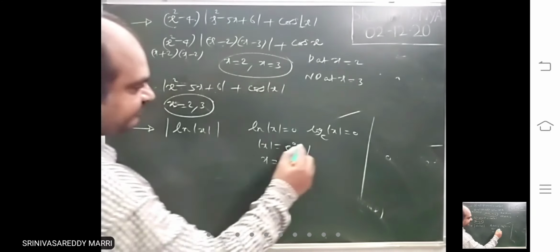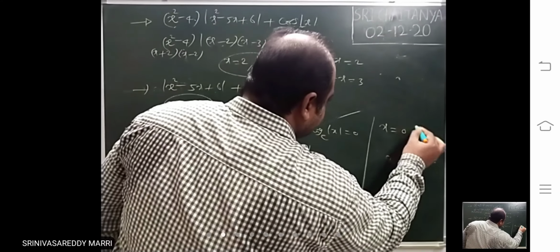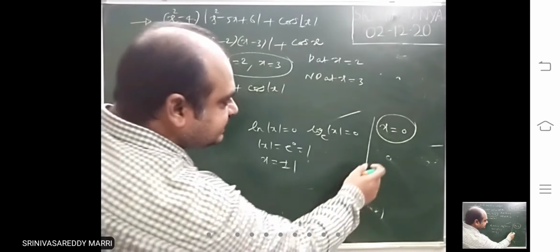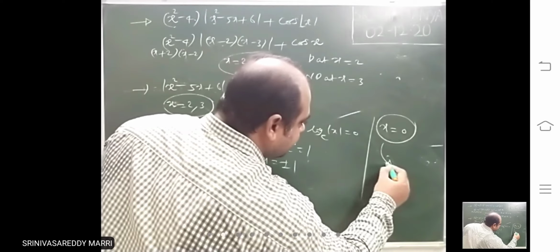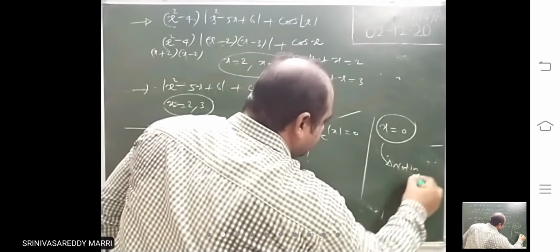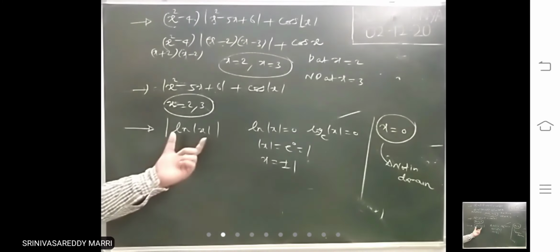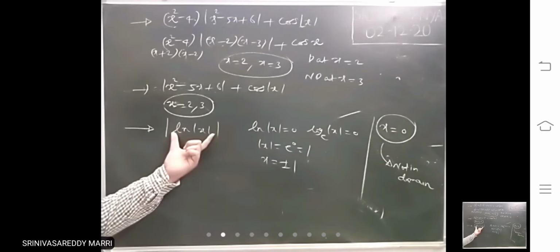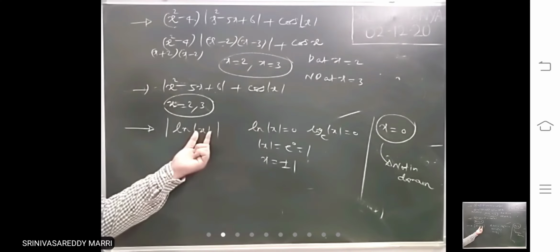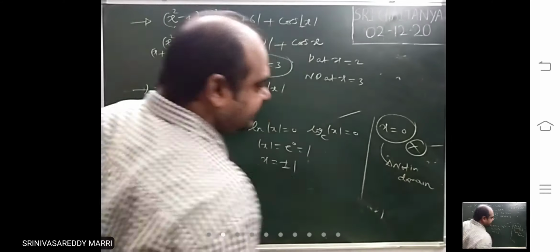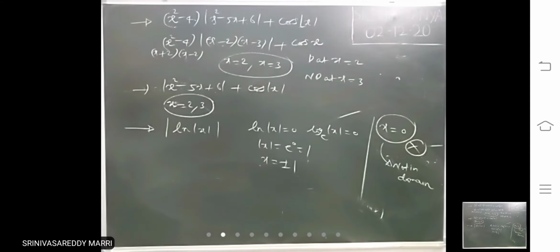Okay, inside one more modulus is there. x equal to 0, but x equal to 0 you cannot write because it is not in the domain. You have to write the points which are in the domain. x equal to 0 means the logarithm will not be defined. Right? That's why you don't include this point. Only 2 points: plus or minus 1.